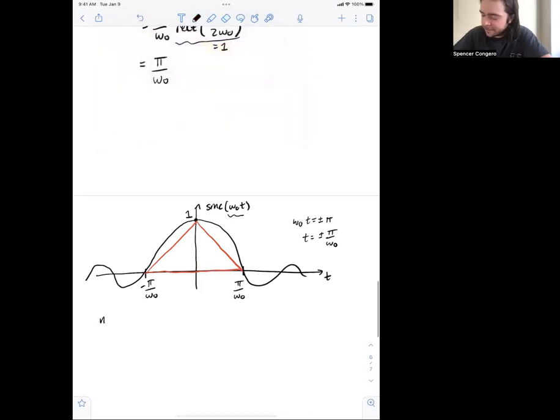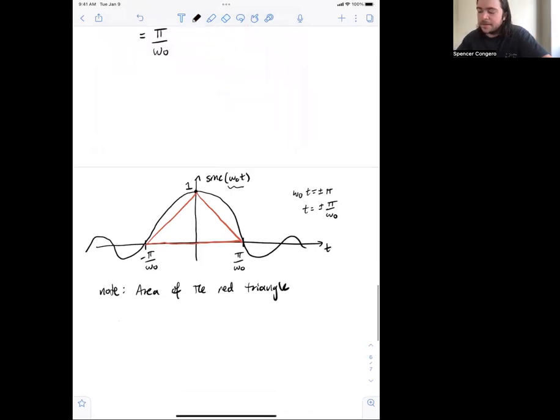What is the area of that red triangle? Well, it's the base times height divided by 2. The base is 2 pi over omega naught times the height is 1, divided by 2, just gives me pi over omega naught. What do you know?